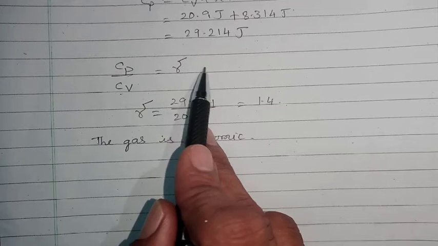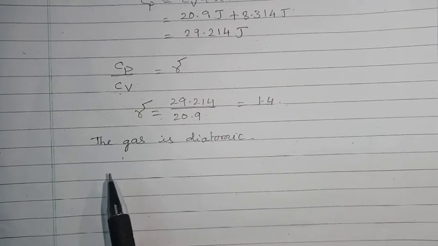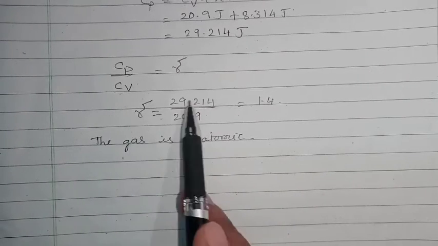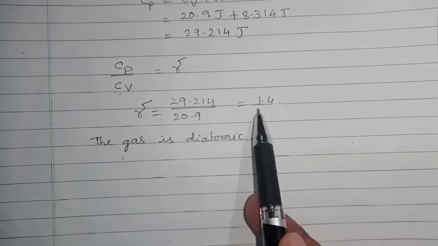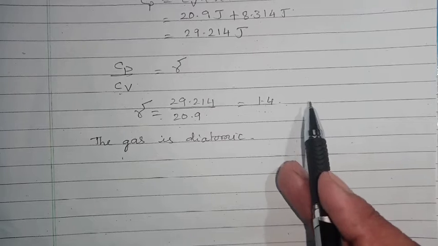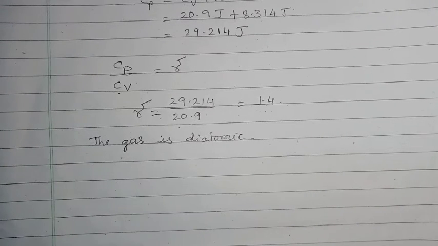It gives a gamma value. Based on that gamma value, we decide whether it is monoatomic, diatomic or triatomic. On taking the ratio, we get 1.4, and this value corresponds to a diatomic, so the gas is diatomic.